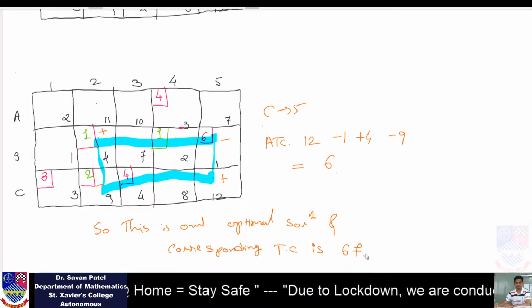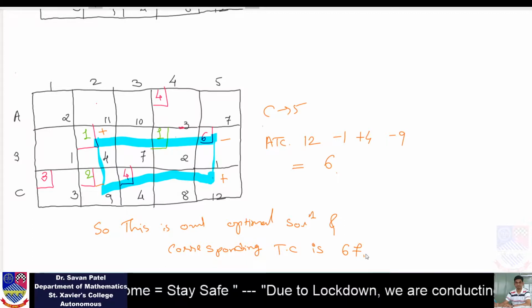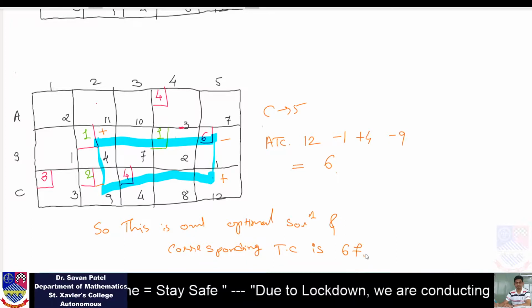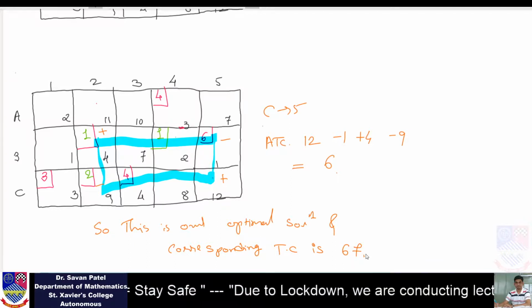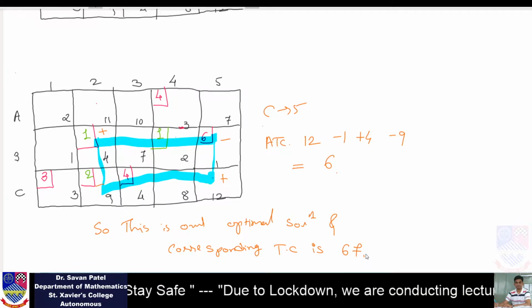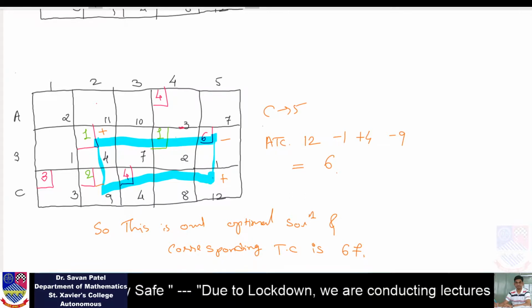Okay, so you try some more problems similar to this at your home, and then you will see how actually we are reaching towards the optimal solution via the stepping stone method.